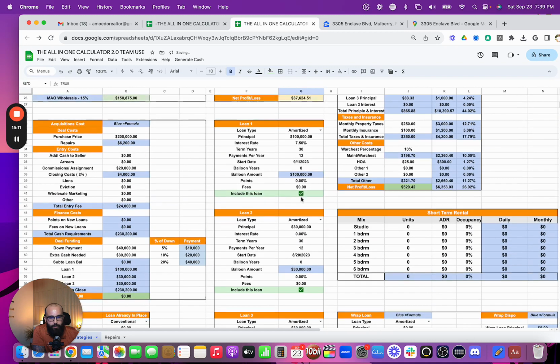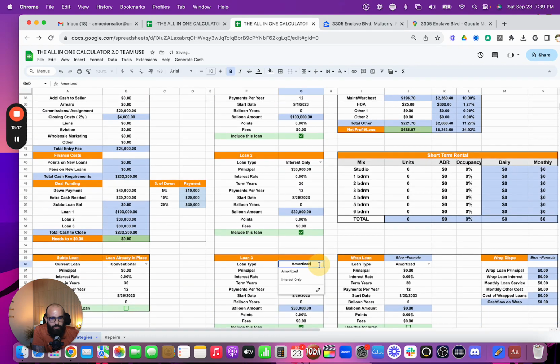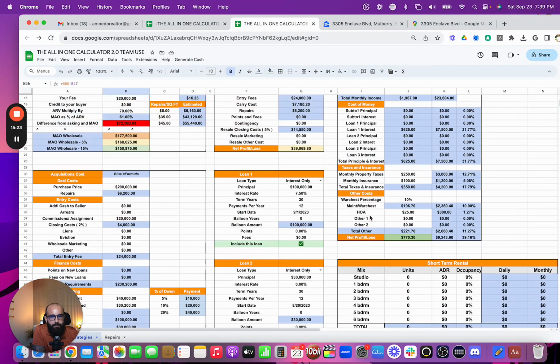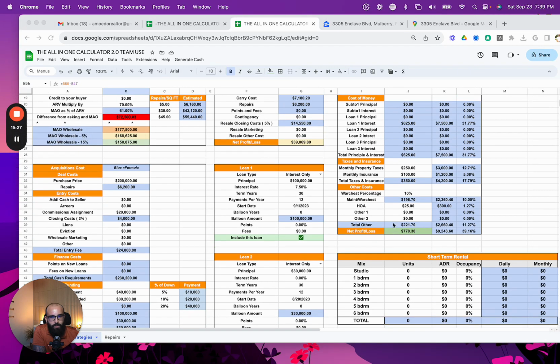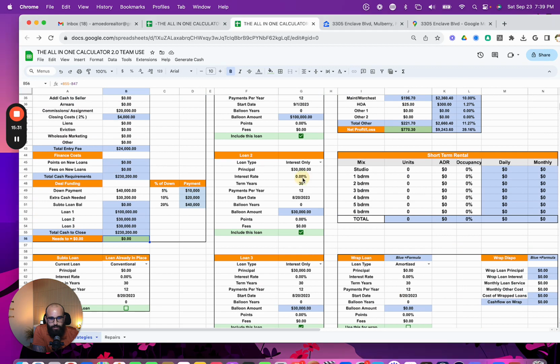Okay, and we're going to go up here and say that these are interest only. So I'm going to change these over to interest only. And as soon as you do that, you'll again notice that we're at zero. We have raised all of the money that we need. And if we come up here, you will realize that it is not giving us any numbers, but that's because our interest rate is at zero.